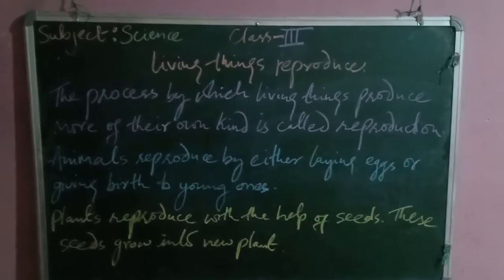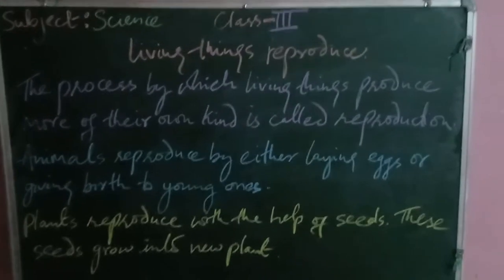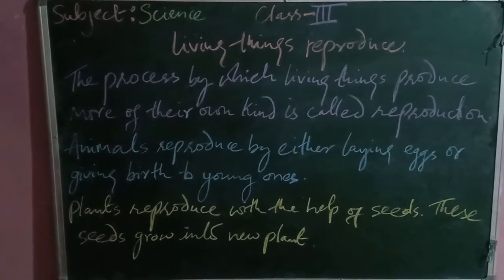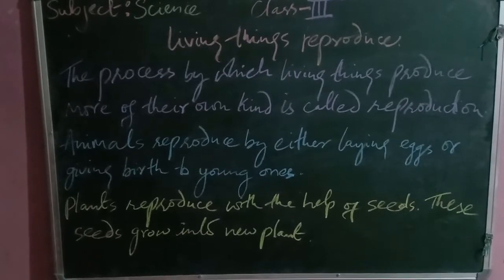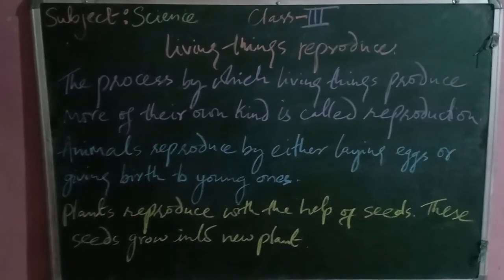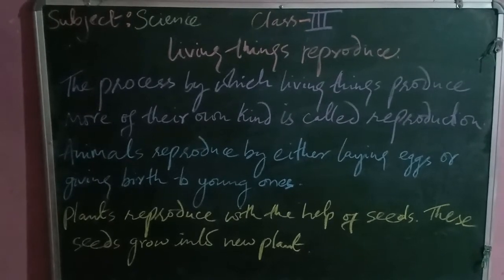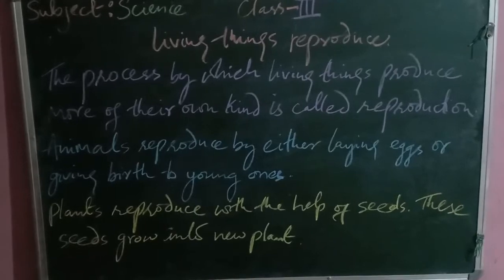We have different reproduction methods. First, animals reproduce by either laying eggs or giving birth to their young ones. A woman gives birth to a baby, whereas a pigeon and a hen lay eggs from which chicks come out. So there are two ways.